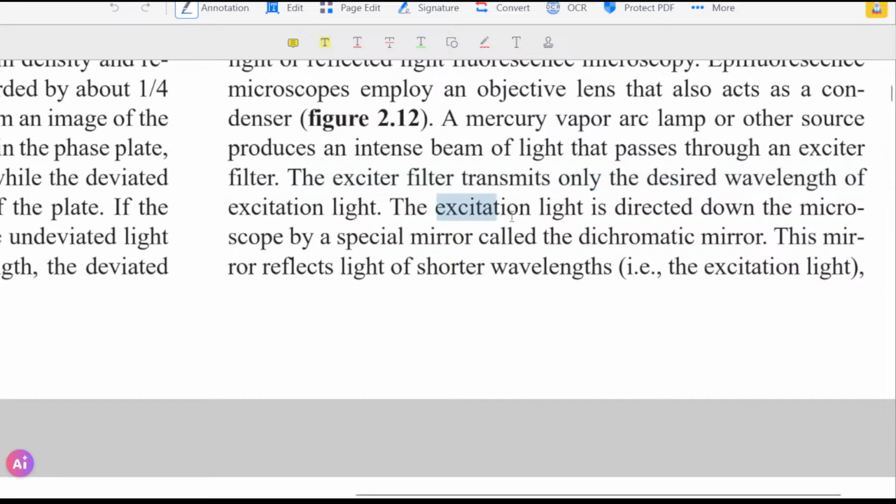The excitation light is directed towards the microscope by a special mirror called a dichromatic mirror. This mirror reflects the light of the shorter wavelengths, that is, the excitation light. You might be thinking, there is light in the environment, what if it reflects that light as well?